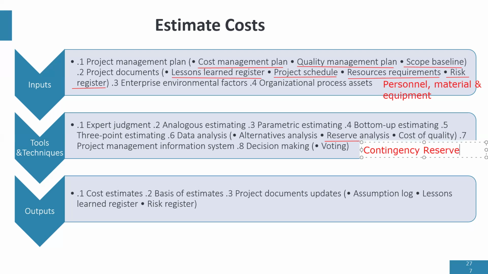Let me give you a good example of what a contingency reserve looks like. So let's say that you want to travel by road to another city. You already have your budget for that activity.